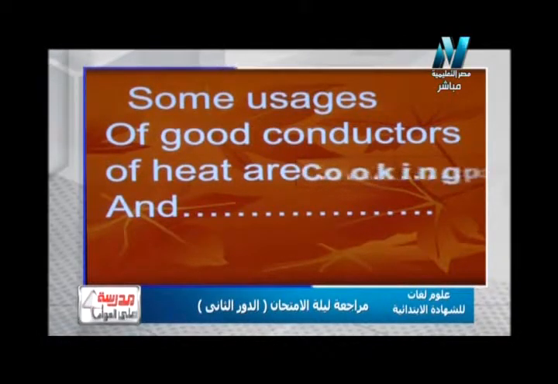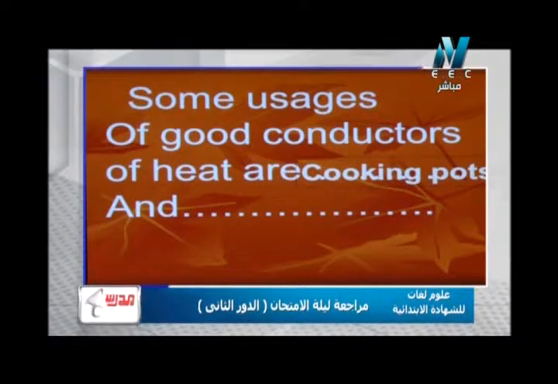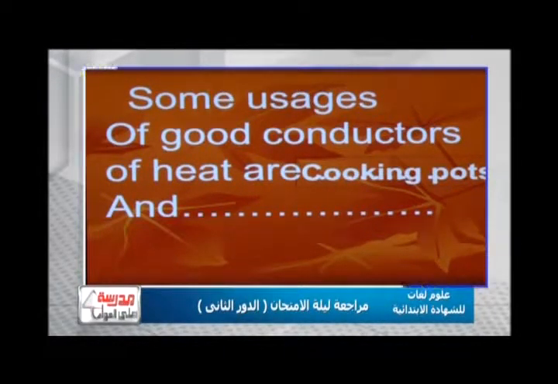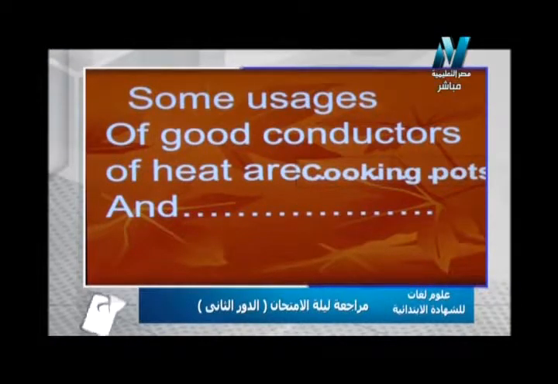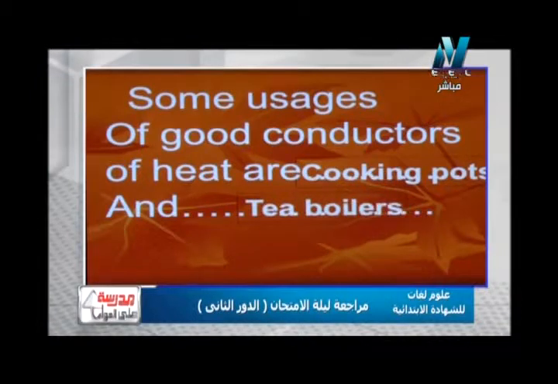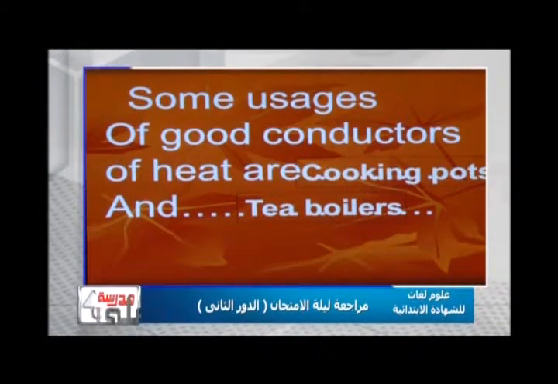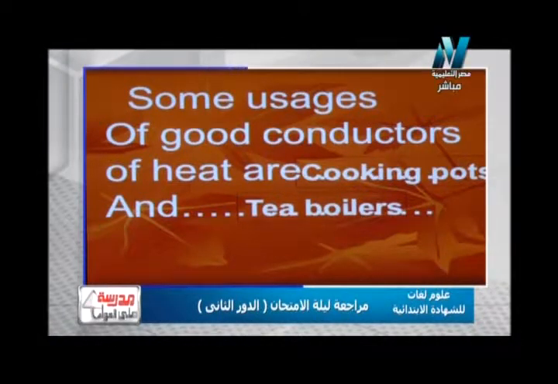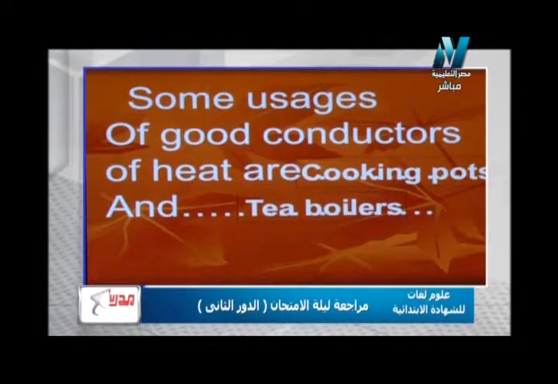Here notice هنا خد بالك كويس قوي بطلب منك uses of good conductor, not the good conductor, not the examples of good conductors. Here I want the uses of good conductors such as cooking pots, أواني الطهي, and also the tea boilers, براد أو غلاية الشاي, like the tea kettle. Again, some uses of good conductors of heat such as cooking pots and tea boiler.